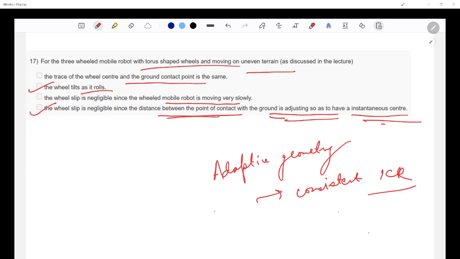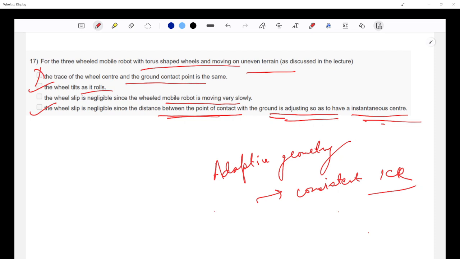The first option, that the trace of the wheel center and ground contact point is the same, is false. On uneven terrain the contact point moves differently and the wheel center follows a different path, as clearly shown in the lecture. The third option, that wheel slip is negligible since the robot moves slowly, is also false. Slip is not about speed; it is about geometry and compatibility.